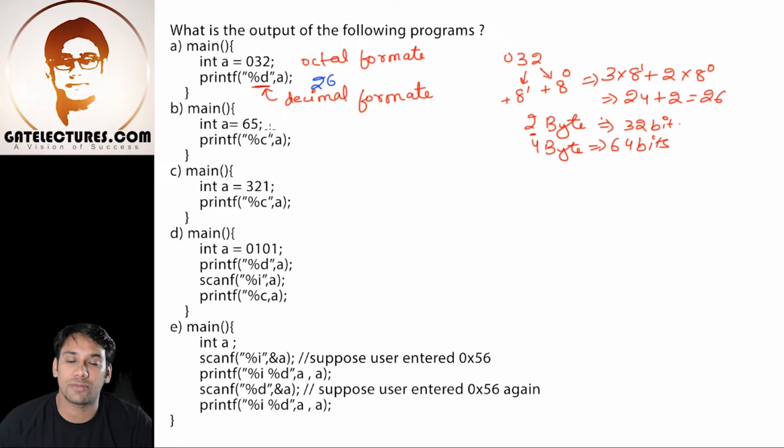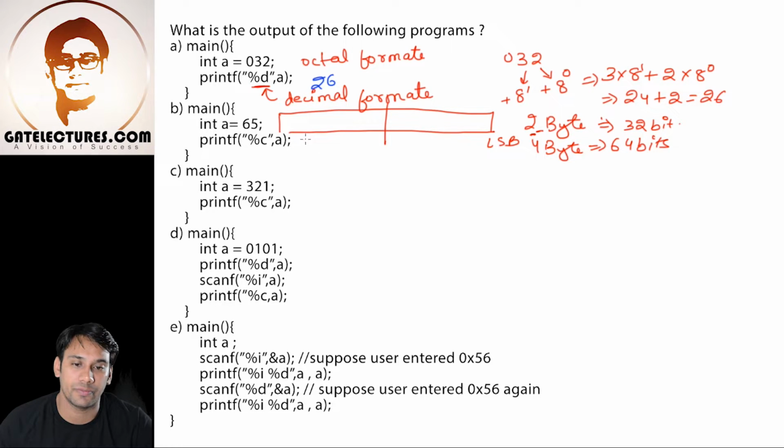How is this integer number a represented in binary format? By using 2 bytes. We have these 2 bytes. This is the first byte, and this is the second byte. Let us suppose this is LSB and this is MSB.